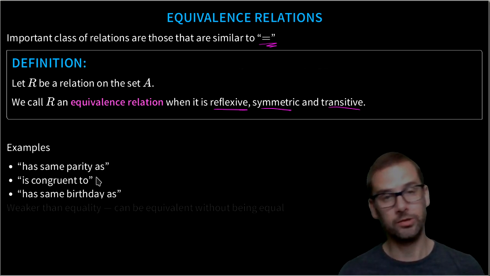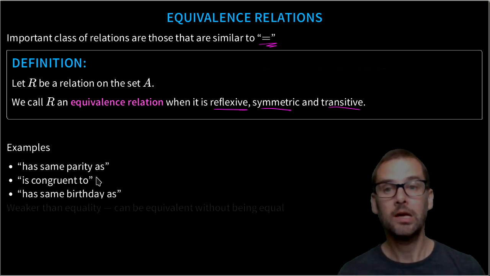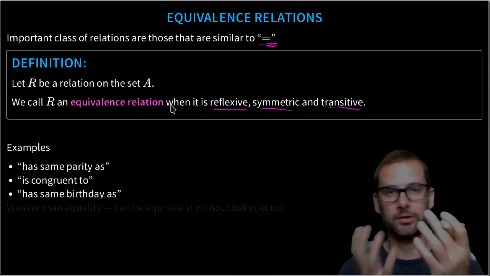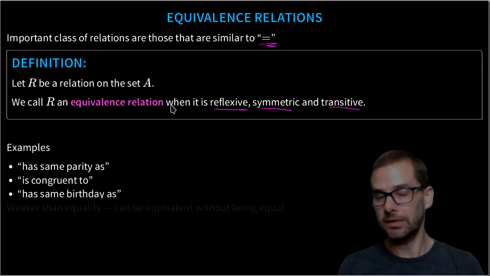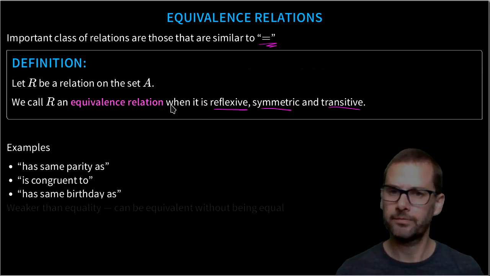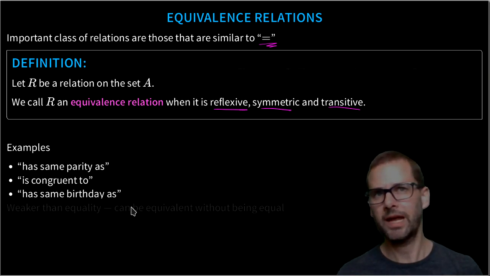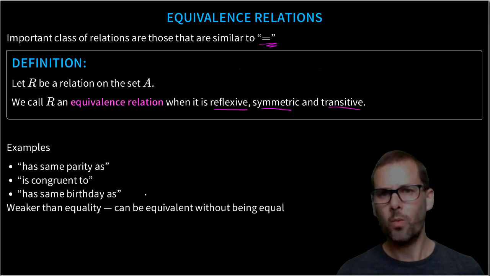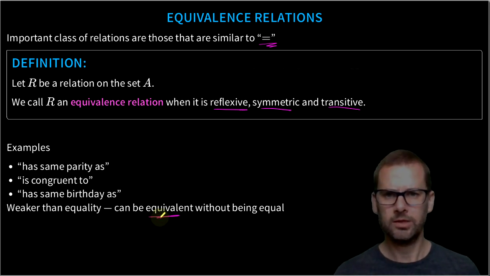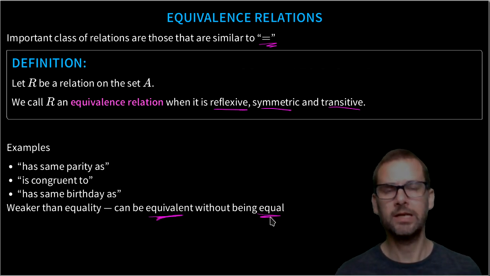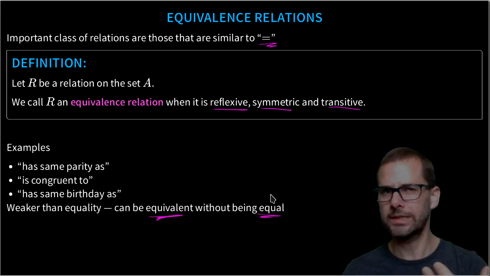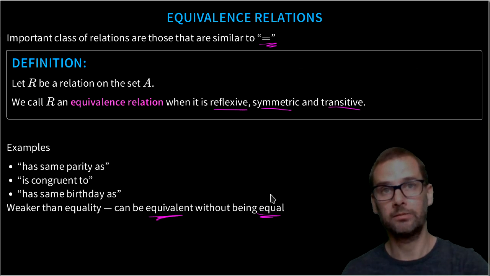Similarly, is congruent to, that we played with last lecture, is also similar to equality. When two numbers are congruent to each other, they are similar, but they don't have to be equal. And same birthday as, you can show has these three conditions. So these are weaker than equality, so you can be equivalent without being equal. So we're sort of abstracting away equality to make it a bit looser and a bit more general.